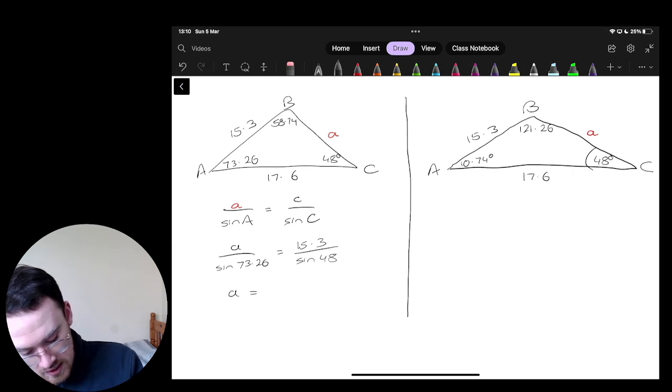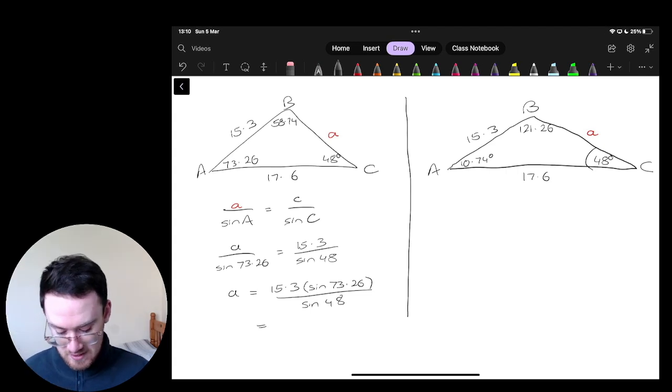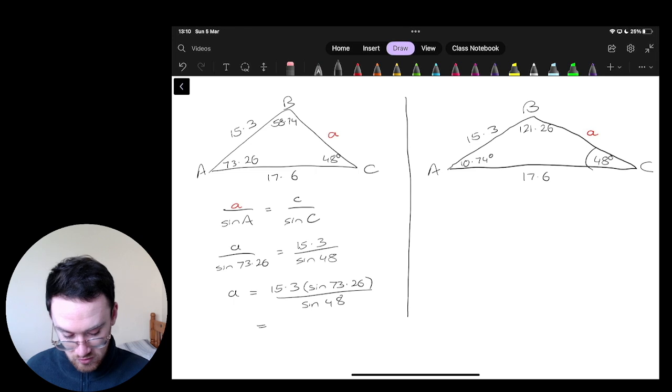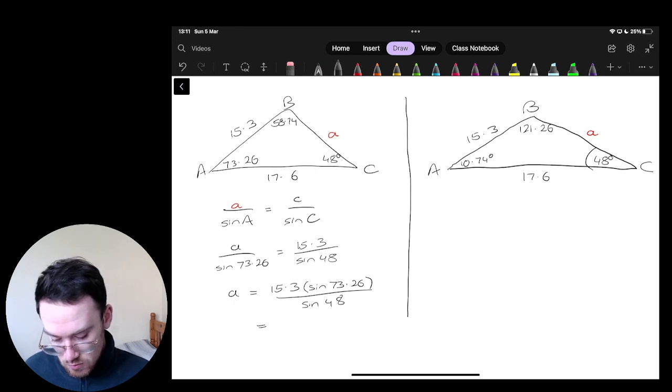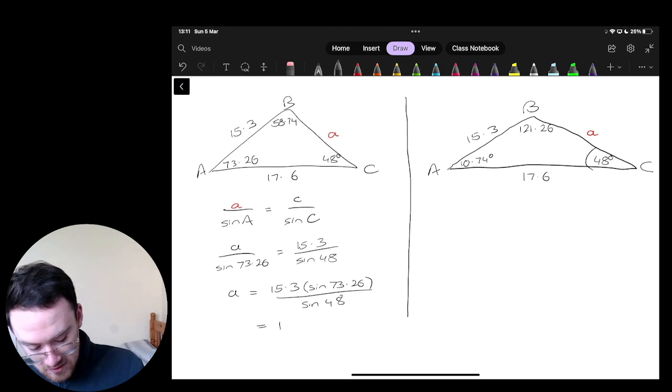And so A is 15.3 multiplied by sine 73.26. You can work out these answers as you go, but sometimes it's easier to leave it to the end and input the whole thing into your calculator. It saves us some work and some rounding as we go. And we get an answer of 19.72.